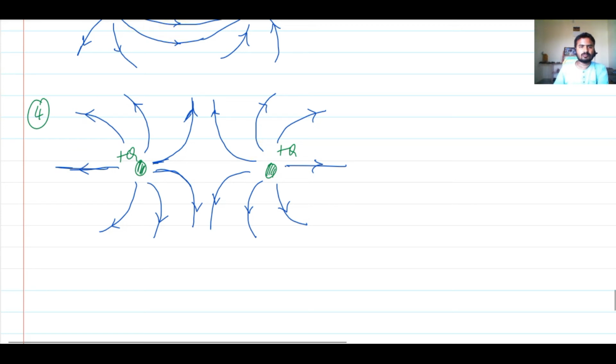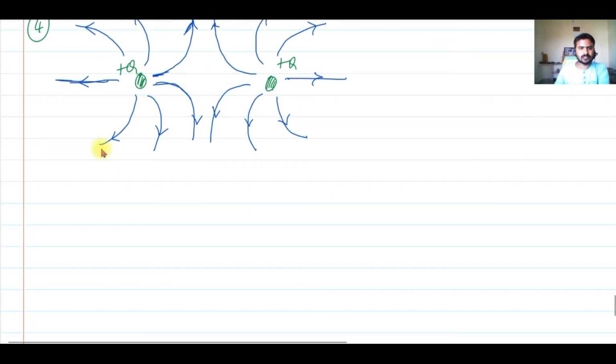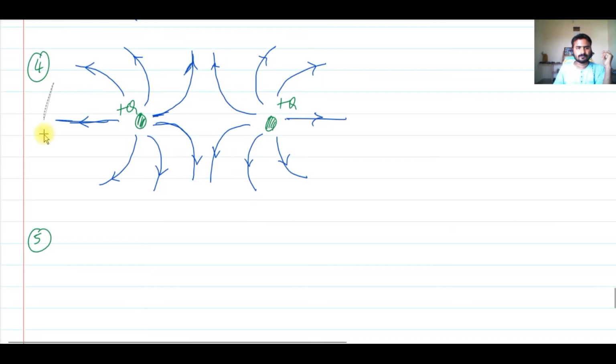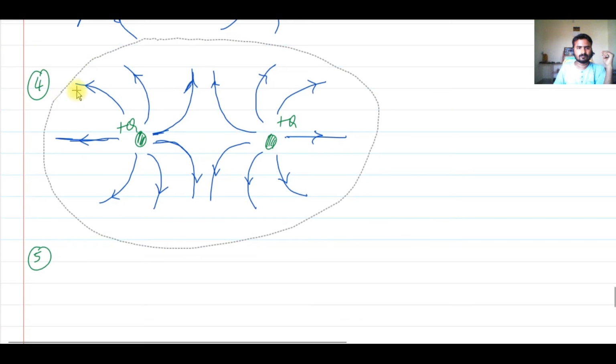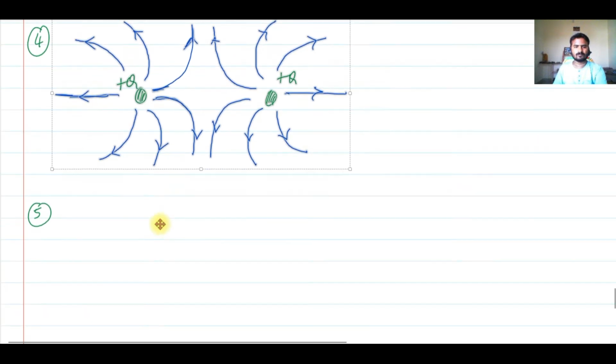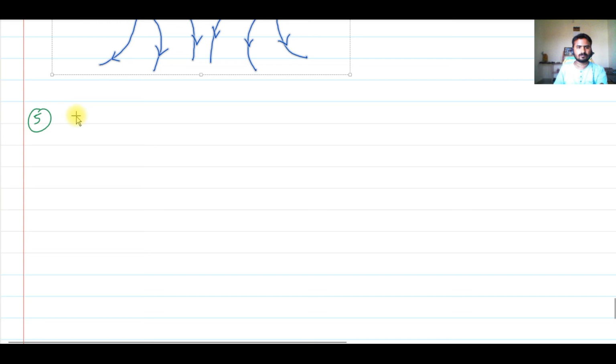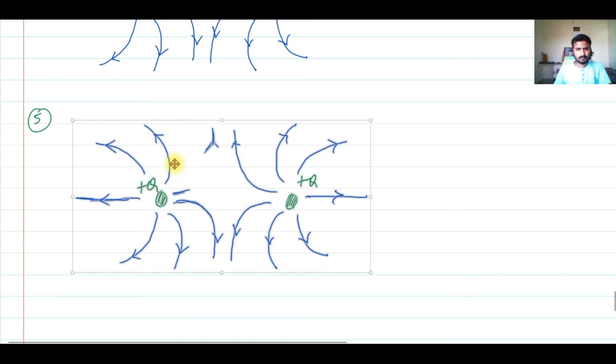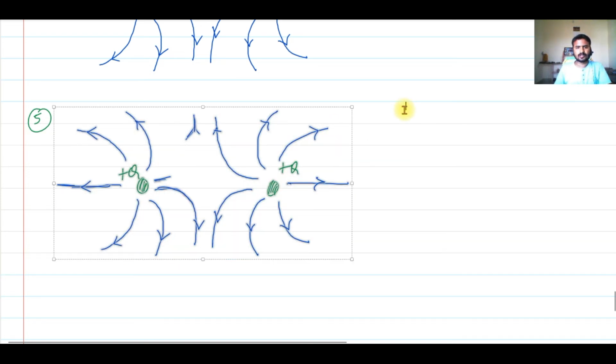Now if the two charges are negative charges, then the electrical field lines will be exactly the same as what we have done for two positive charges, but the arrow marks should be pointed inwards, that's it. So let's take the same diagram here, but here we're just going to change the arrow mark.